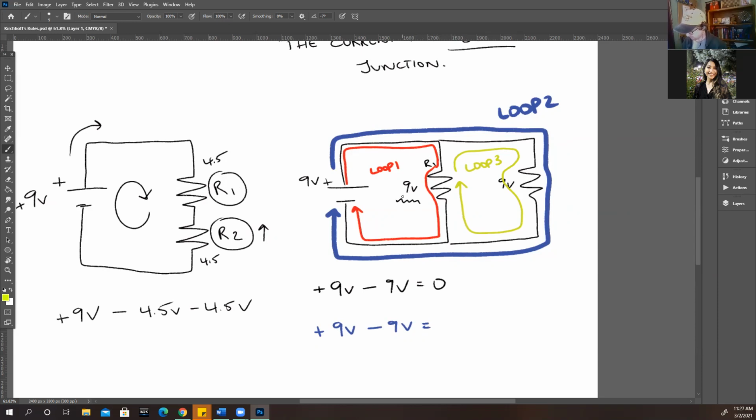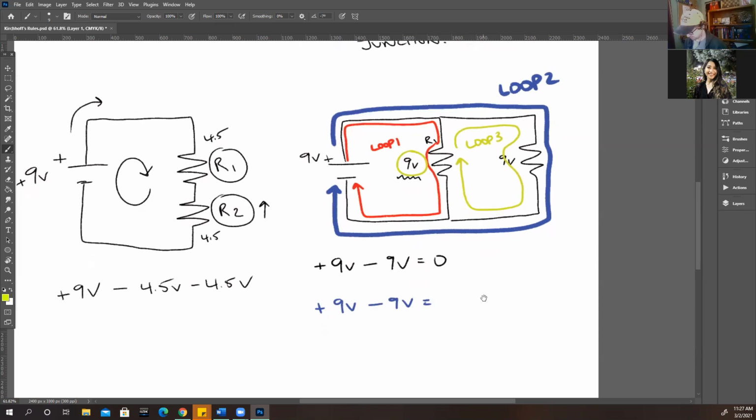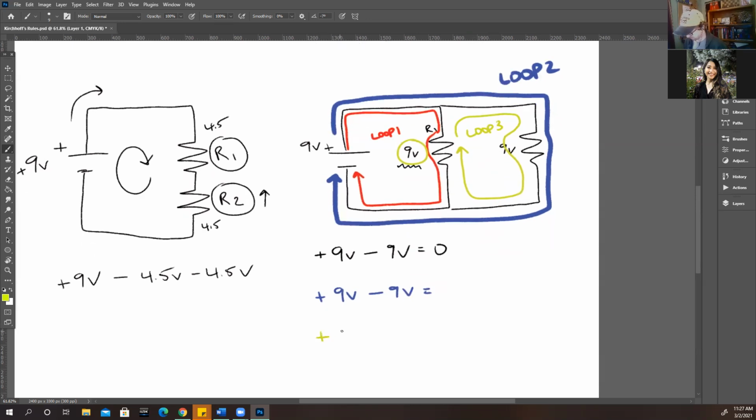So if I already know that resistor 1 has 9 volts across it, I can then say there's 9 volts, there's one resistor in loop 3. No, there's not, there's 2 resistors in loop 3. One of them is 9 volts, and we're going to call that a positive 9 volts.